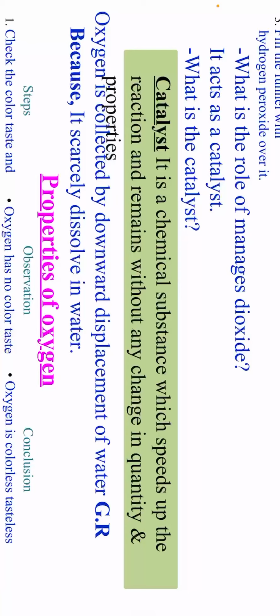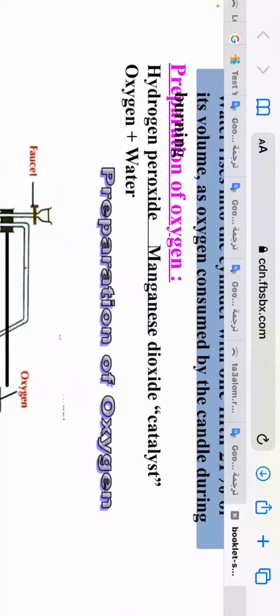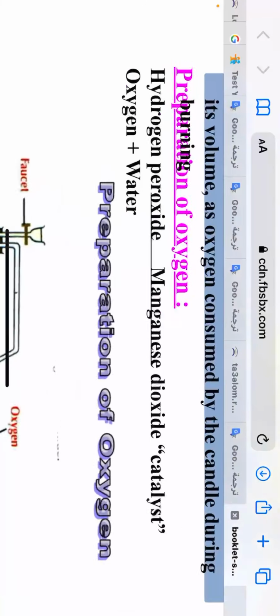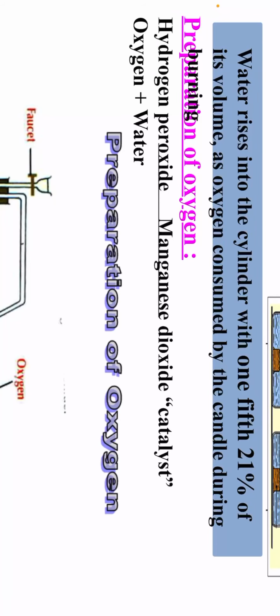It remains fixed. So it's called the catalyst because it remains without any change in structure and quantity. Again, hydrogen peroxide decomposes into oxygen and water in the presence of manganese dioxide, which is called a catalyst.